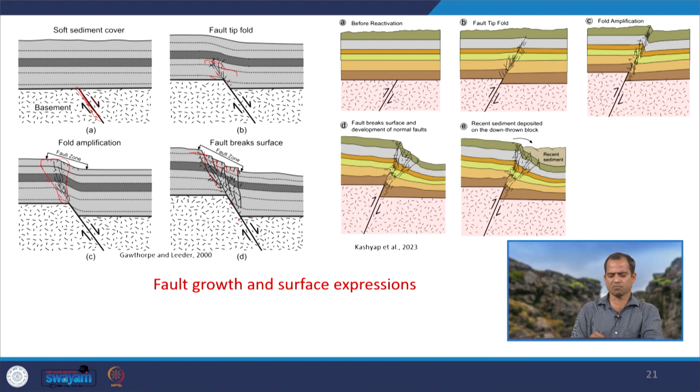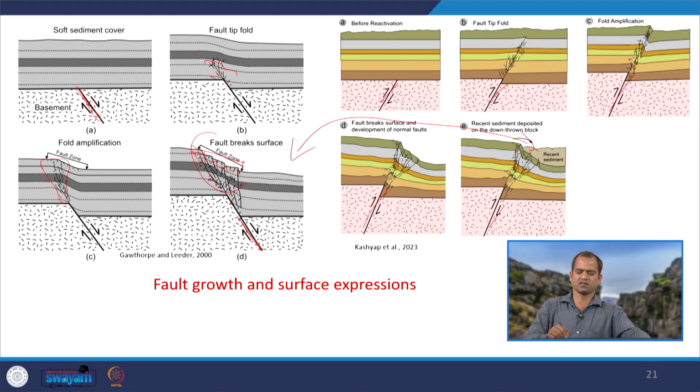So, one fault at the basement creates a fault zone in the overlying sediment. Similarly, the same model applies to reverse fault movement. What we get at this stage is that these two images look alike, so we get only a topographic break at the surface.